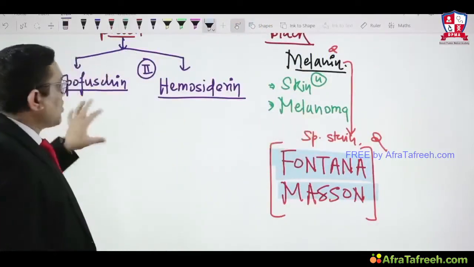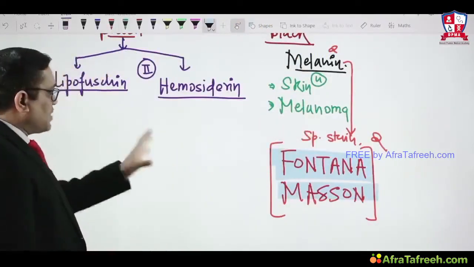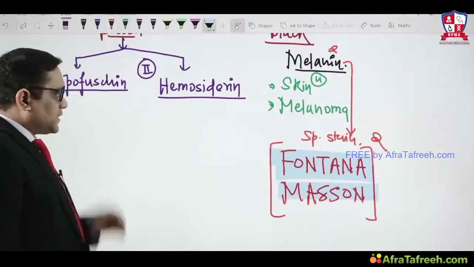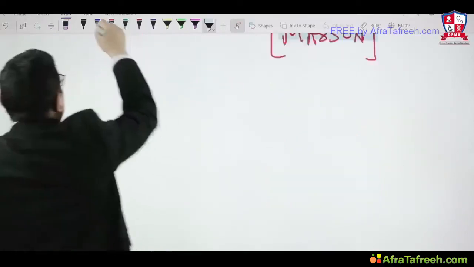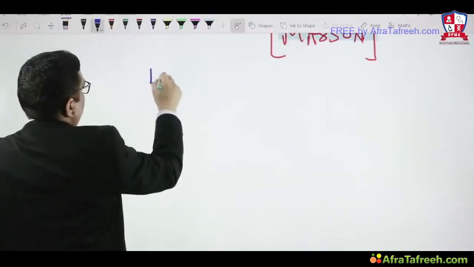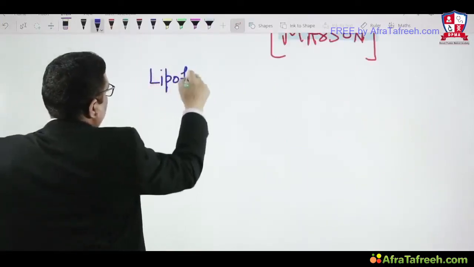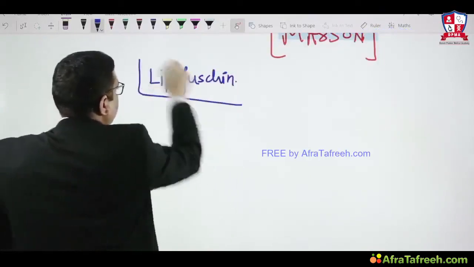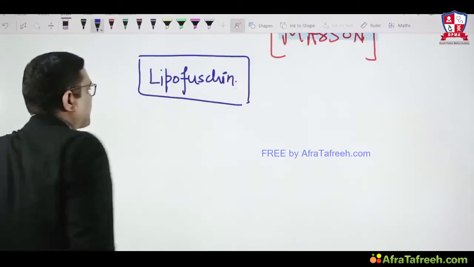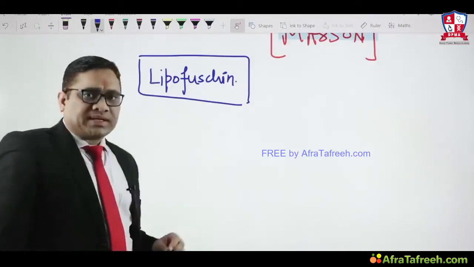Now we will focus on the brown pigment, right? One by one we will discuss. First, we will see what is lipofuscin. Lipofuscin is also known as aging pigment.